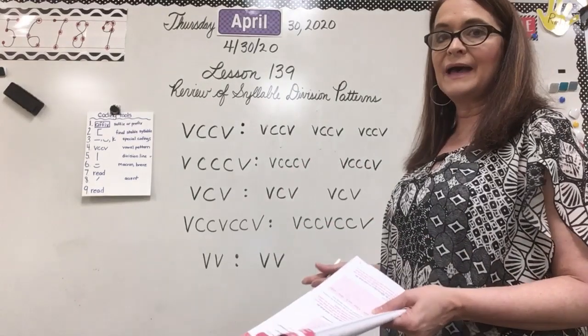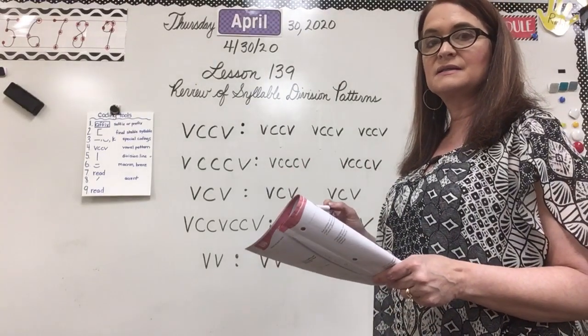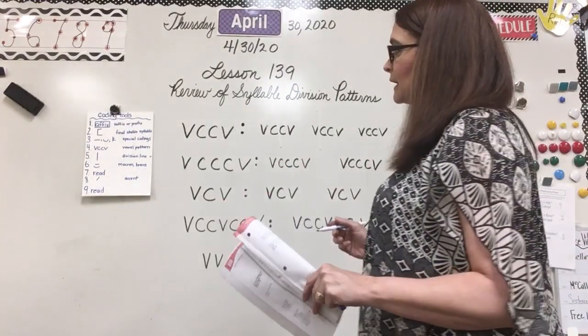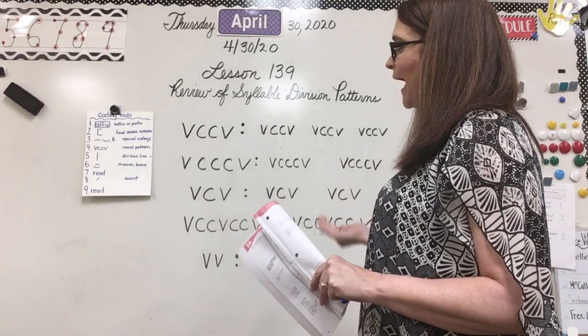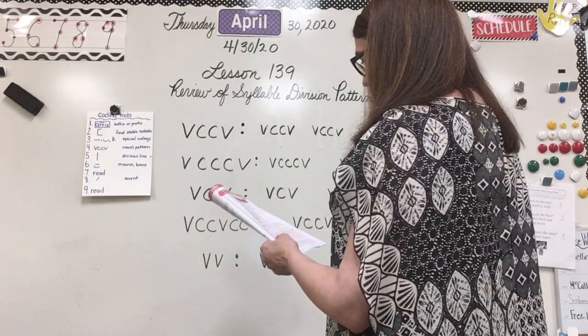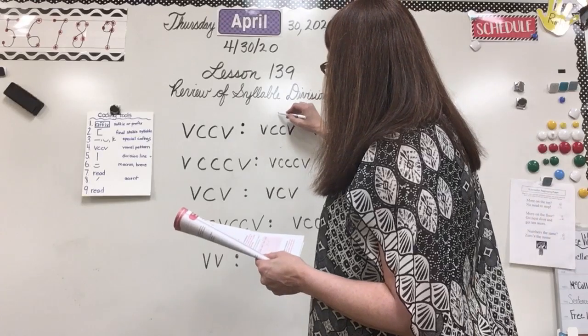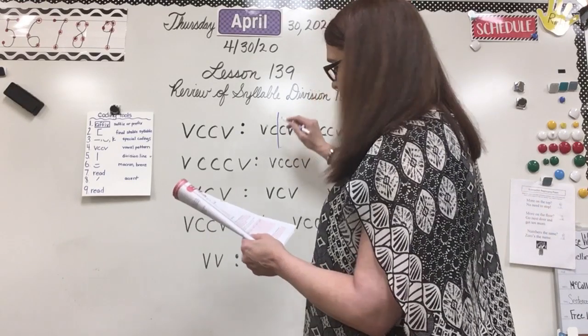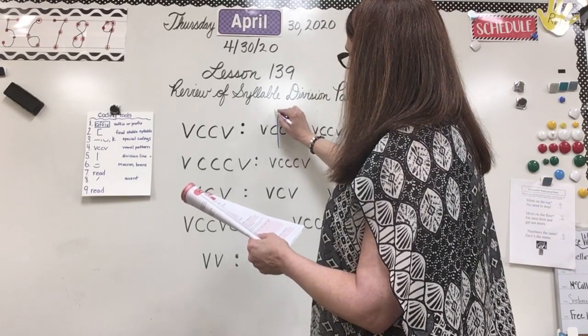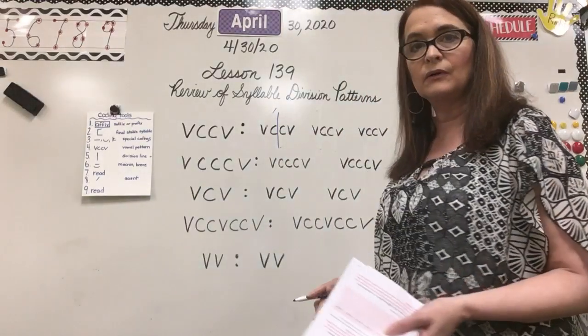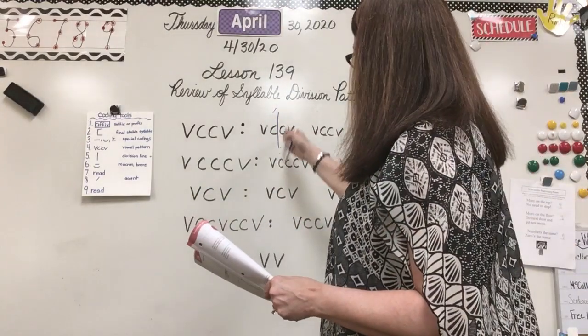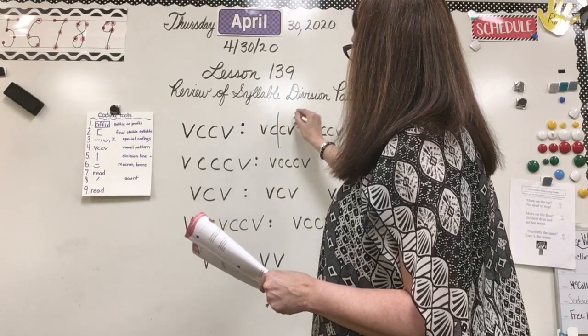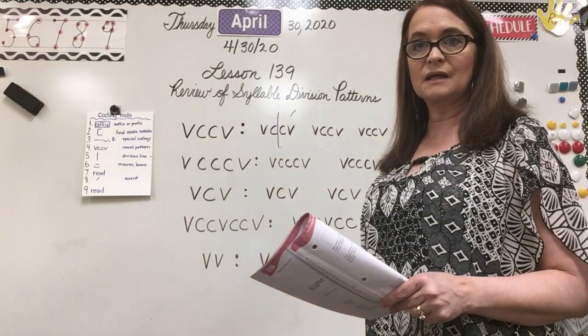There are different ways that a word with a VCCV pattern can be divided, and the accent mark could even change on the word. Most commonly, we'll see it divided between the two consonants and the accent on the first syllable. But sometimes it's divided like this, and the accent is on the second syllable.